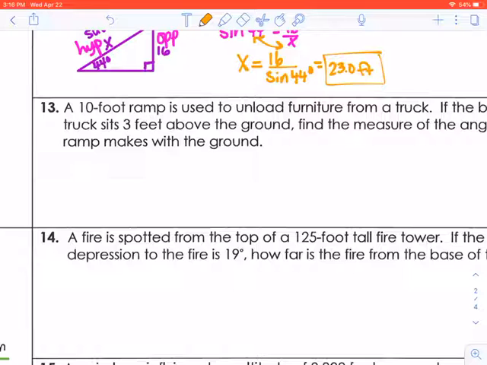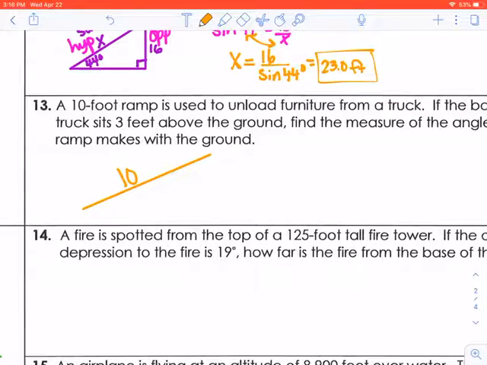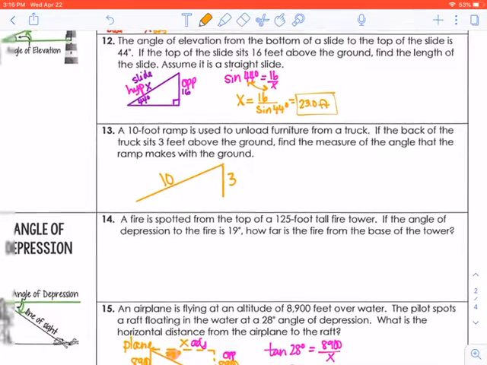So a 10-foot ramp is used to unload furniture from a truck. So think of a ramp. Here's our ramp, and it says this ramp is 10 feet. If the back of the truck sits 3 feet above the ground, so here's the truck, and it's sitting 3 feet above the ground, find the measure of the angle the ramp makes with the ground.